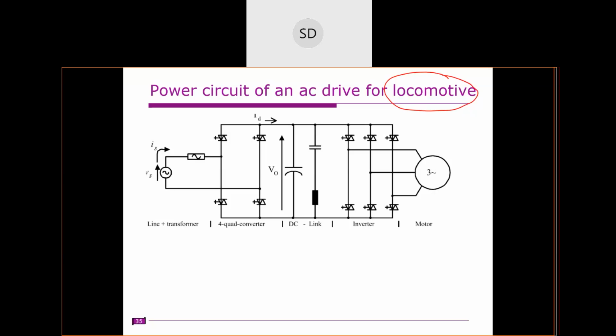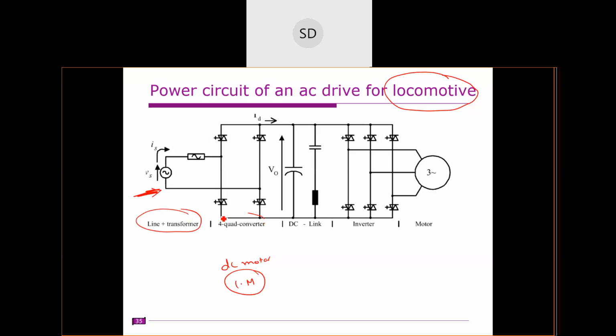They are using it nowadays in train engines. We have different engines; in some cases we have DC motors, and now DC motors are also replaced with induction machines. So we have this line transformer here.